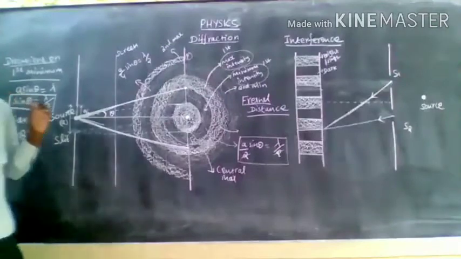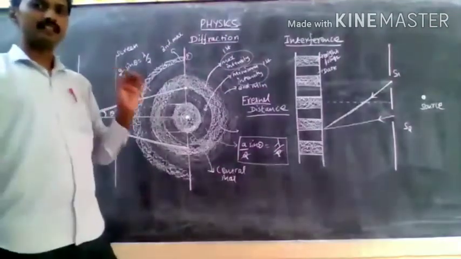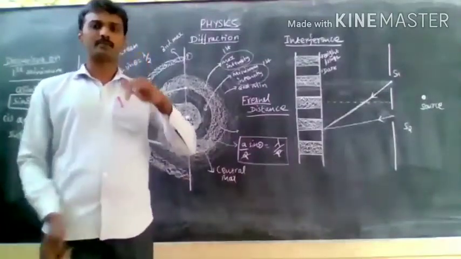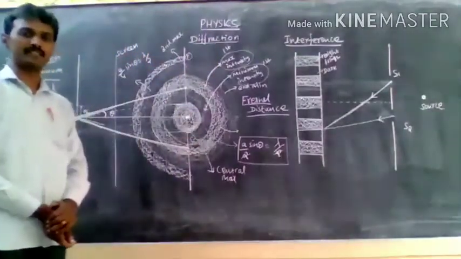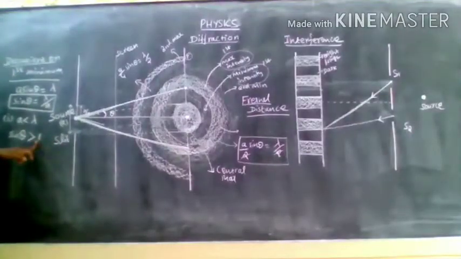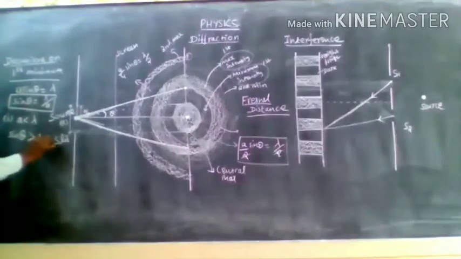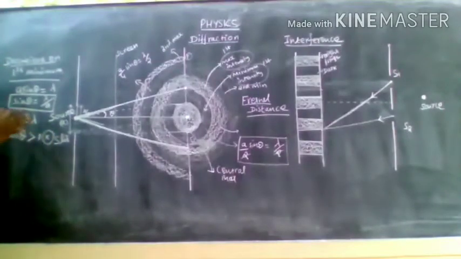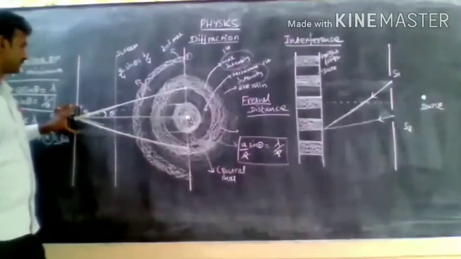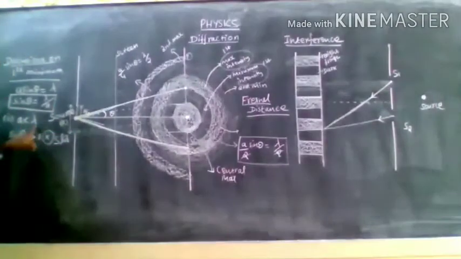But in trigonometry, the least value of a trigonometric function is -1 and the maximum value is +1. It violates the rule, so it is not possible. It indicates the diffraction pattern does not occur if the size of the slit is lesser than the wavelength of the light.